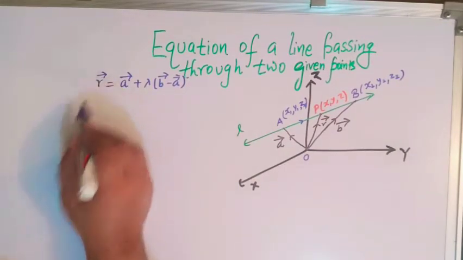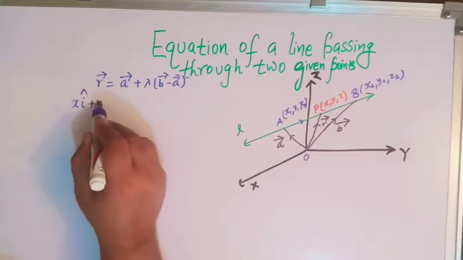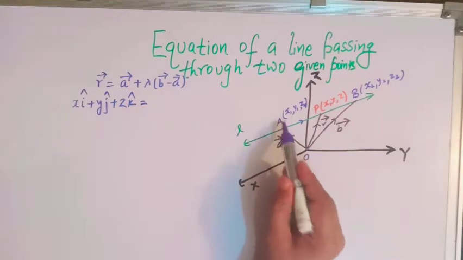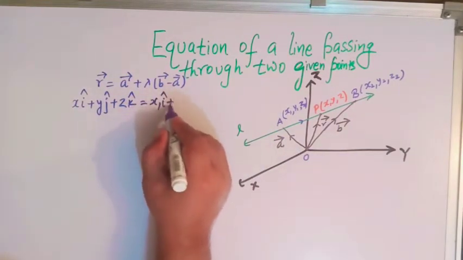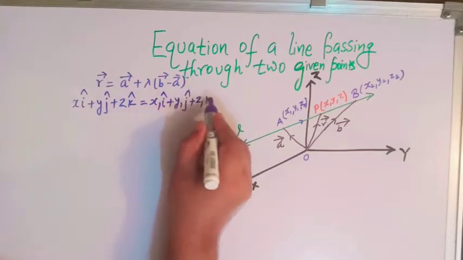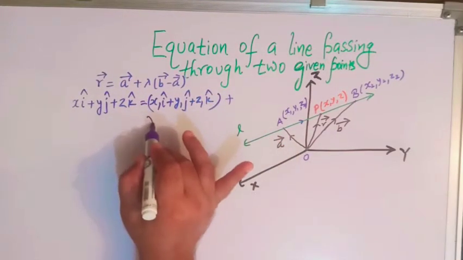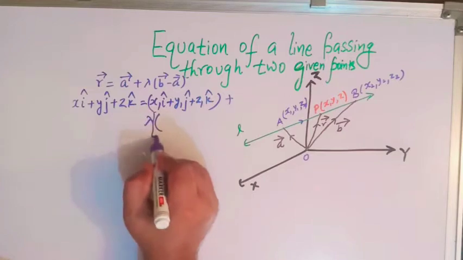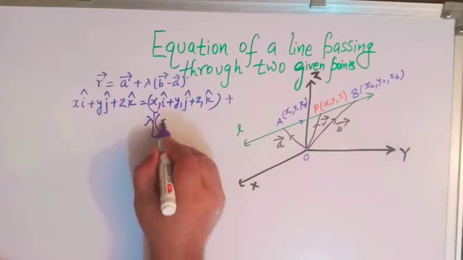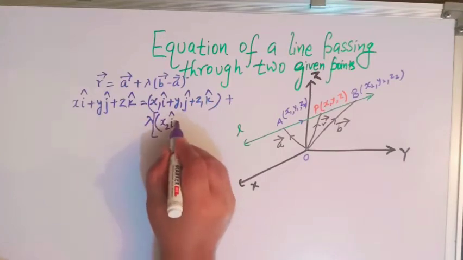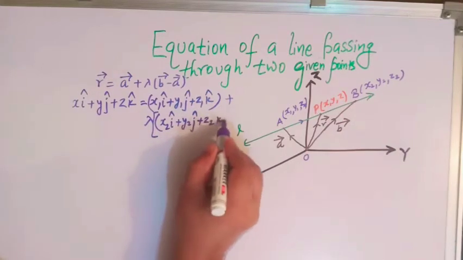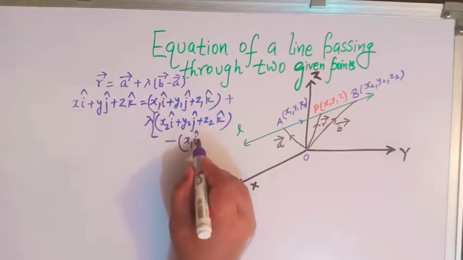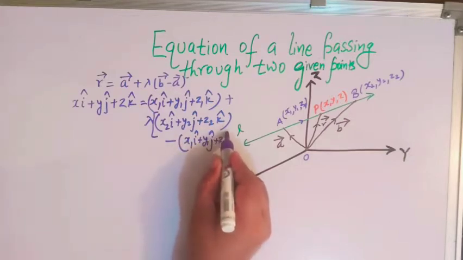So for vector R, we write x i cap plus y j cap plus z k cap, and for vector A, we write x1 i cap plus y1 j cap plus z1 k cap, plus lambda times, where lambda is a scalar, vector B in component form, x2 i plus y2 j plus z2 k, minus vector A, x1 i cap plus y1 j cap plus z1 k cap, right?